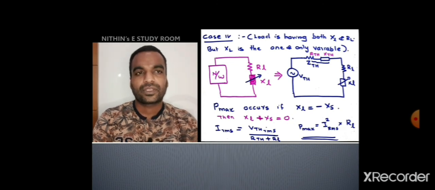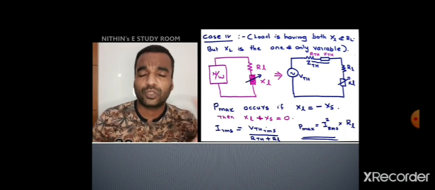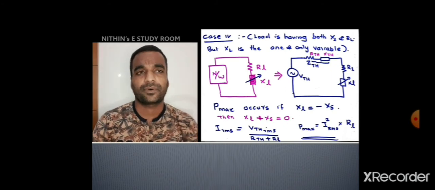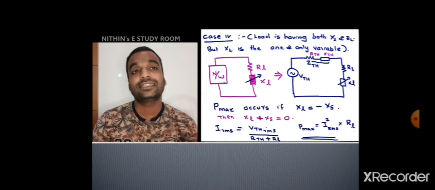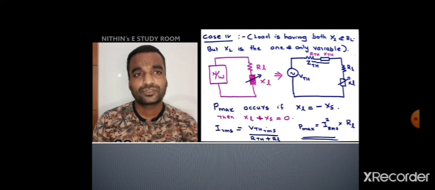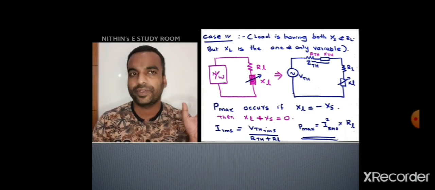After that you have to do some calculation for rearranging the load portion in order to get maximum power transfer. So in this case, it is very simple because XL is permitted to vary. So in order to get maximum current, we have to avoid the effect of XL. That is the logic. XL is permitted to vary.